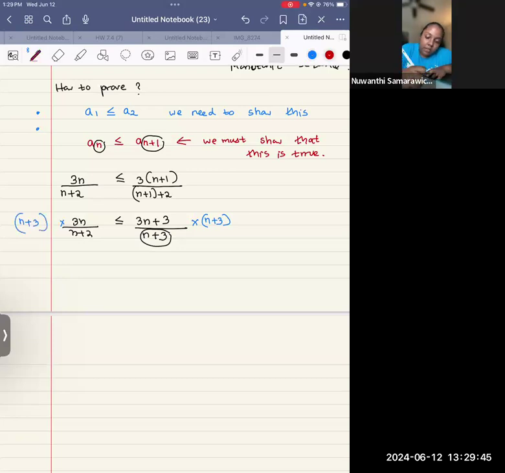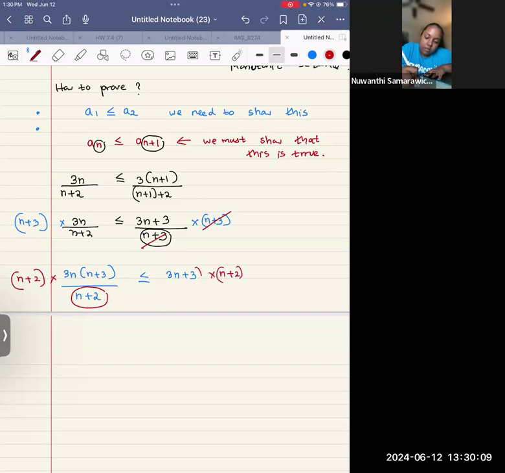Okay, so then we can get rid of this one. So in the left hand side, you will have 3n multiplied by n plus 3 over n plus 2 less than 3n plus 3. Then we can get rid of this one by multiplying both sides by n plus 2.